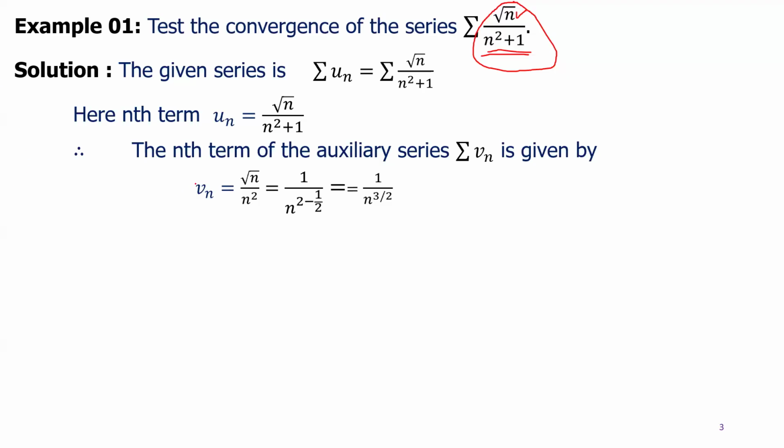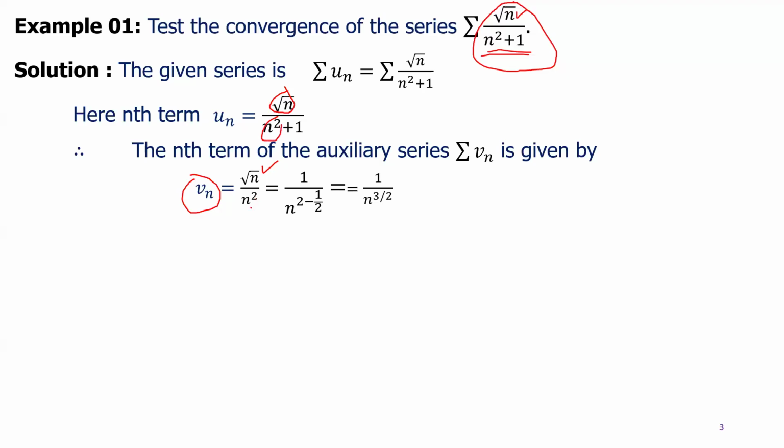For getting the nth term of the auxiliary series vn, we first take the highest power term in the numerator. In the numerator we have only one term, root of n, so we take root of n. Similarly, the highest power of n in the denominator is n square.